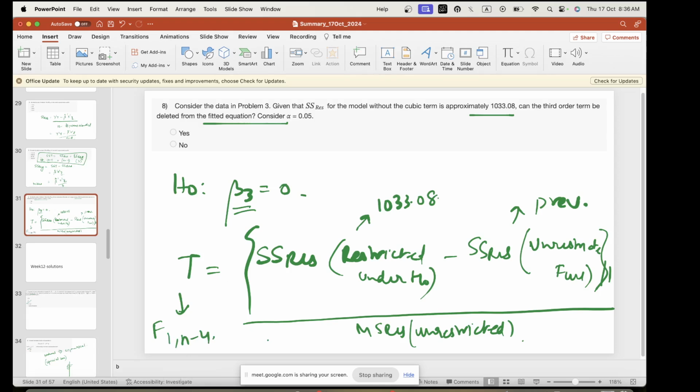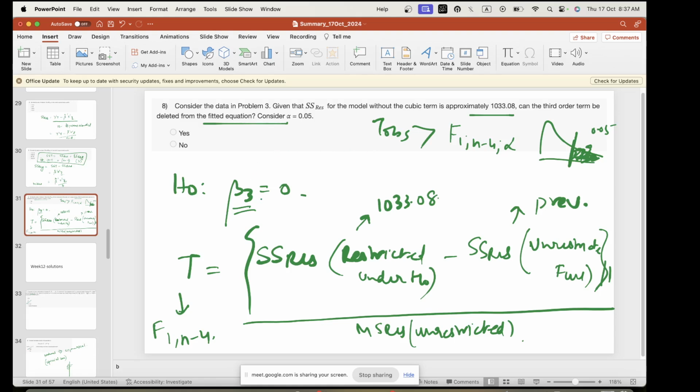Okay, so if we see that F observed exceeds F 1, n minus 4, alpha, that is the point in the F distribution such that the upper area is 0.05, then if it is falling in this shaded region, beyond this point, we reject H naught and conclude that no, it cannot be deleted.